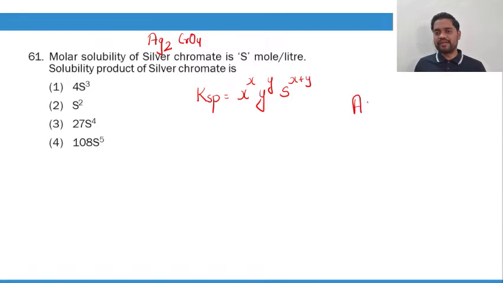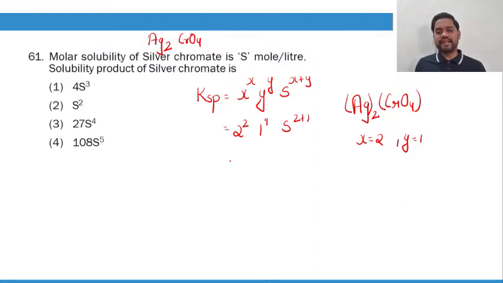In silver chromate, Ag2CrO4, this is the concept. x is how much? 2. y is how much? 1. So it is 2^2, 1^1, S^(2+1). So that is equal to 4S cube, which will be the right answer. So option number 1 will be the right answer for question number 61.